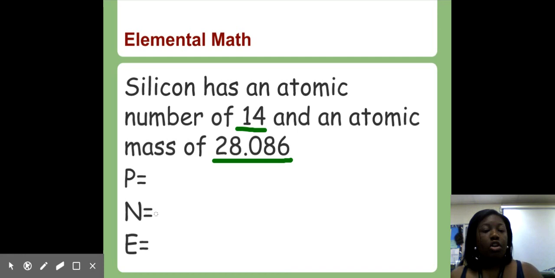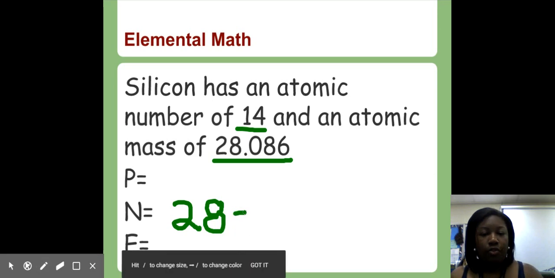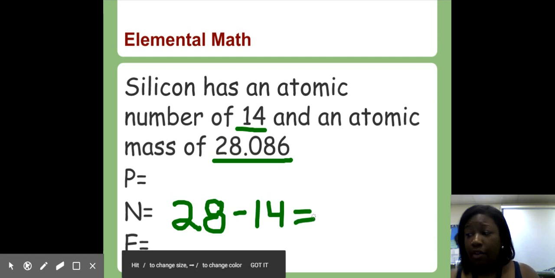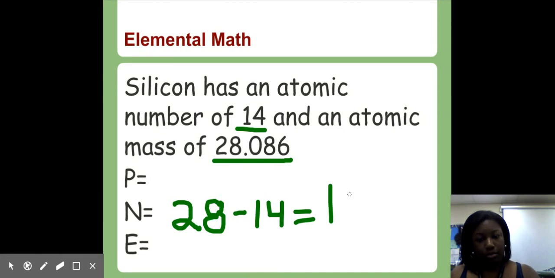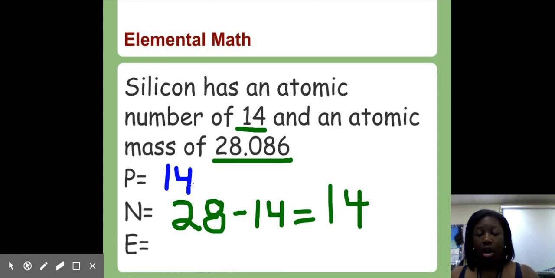So we're going to do 28 minus the 14 will give us what? 14. Okay, so we know our protons are 14. And what would our electrons be? The same thing. They will be 14.